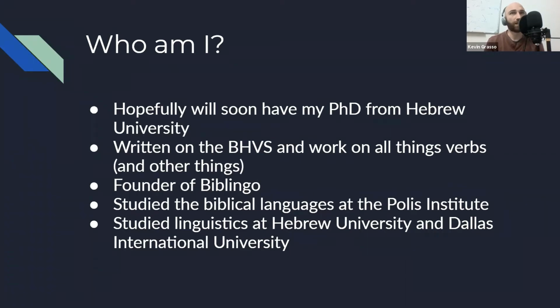I've written on the biblical Hebrew verbal system, and basically work on all things verbs, really lots of things, semantics and syntax, mostly semantics. I founded Biblingo. I studied the biblical languages at the Polis Institute in Jerusalem, so that's where I learned to really speak Greek and Hebrew. And I already said I studied linguistics at Hebrew University and Dallas International University.